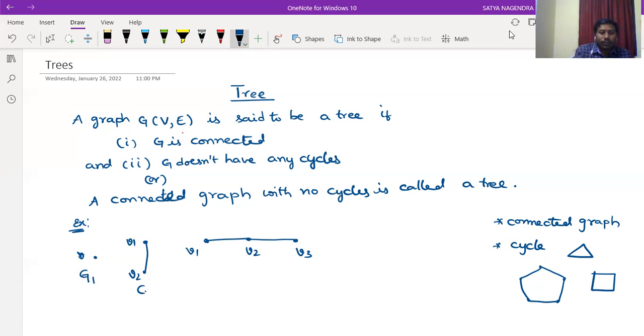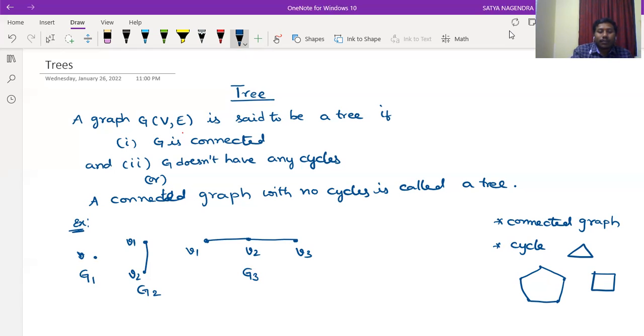G2 contains two vertices which are connected, that is, there is an edge between these two. So no cycles are there. Next, in G3, we have three vertices and two edges only, which is a connected graph, because you take any pair of vertices, there is a path between those two vertices. Next, no cycles in this graph, so it is also a tree.